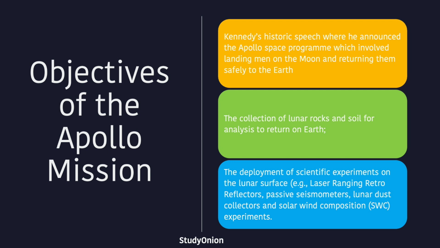Other objectives of the Apollo space program also included the collection of lunar soil and rocks for analysis on return to the Earth, then the deployment of scientific experiments on the lunar surface, including laser-ranging retroreflectors, passive seismometers, lunar dust collectors, and solar wind composition experiments.